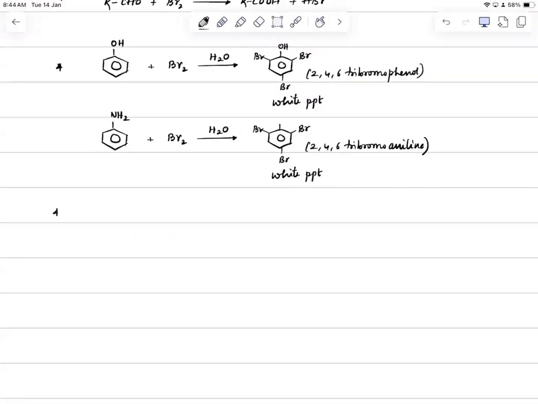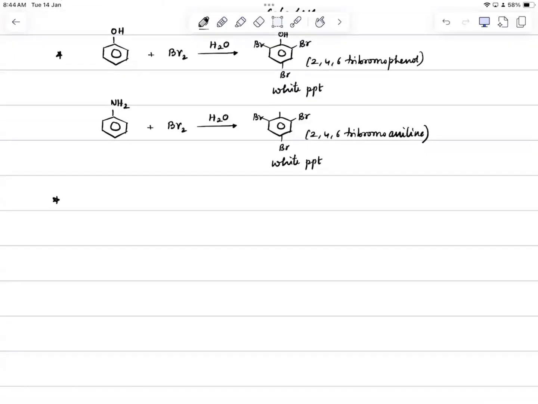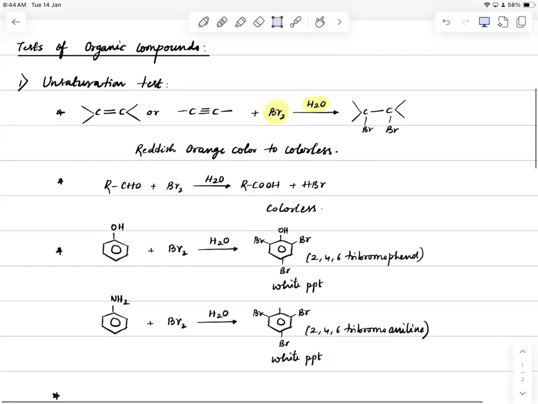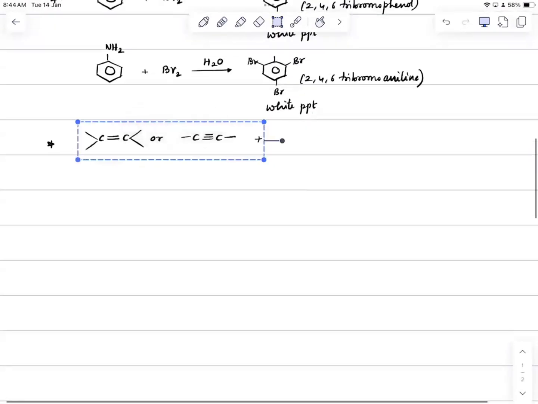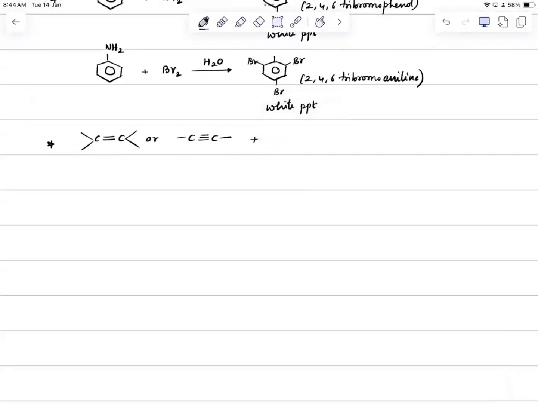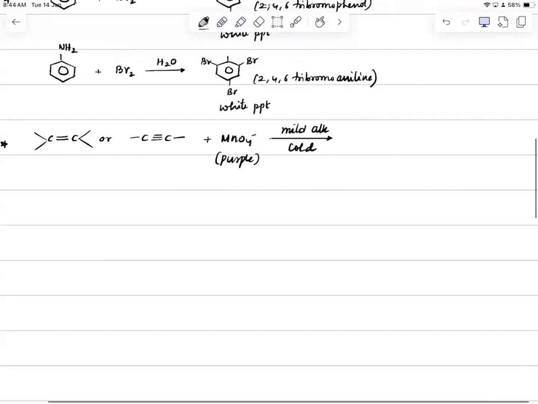Second, another reaction where for unsaturation it will help is Bayer's reagent. So if I take the same alkyne or alkene in the presence of MnO4 minus, which is generally purple in color, but it must be in mild alkaline and cold conditions.